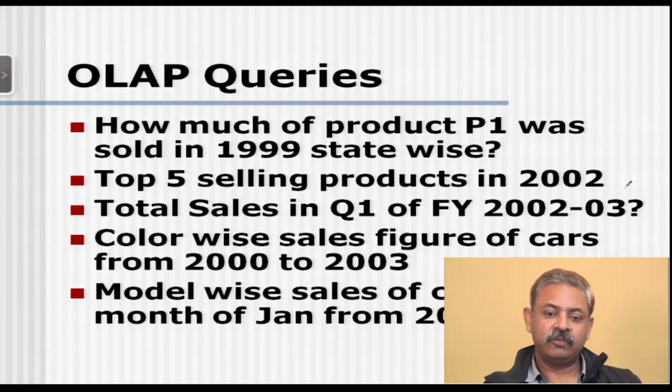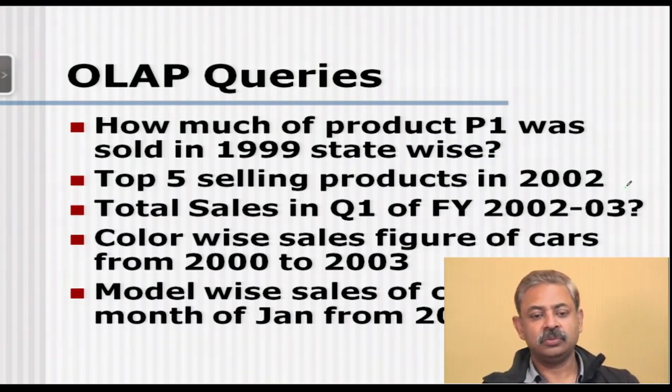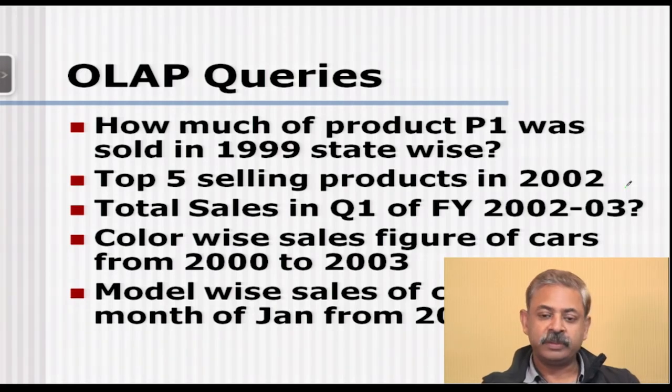The next query could be like top 5 selling products in 2002. How do you do this? How do you find out the top 5 selling products? If I use the brute force method, I'll find out the total revenue generated by each product, or maybe the quantity, say how many units of a particular product I sold.